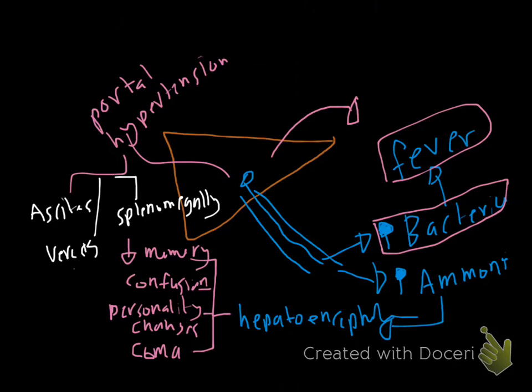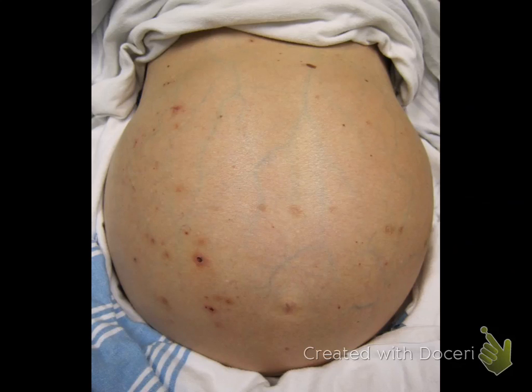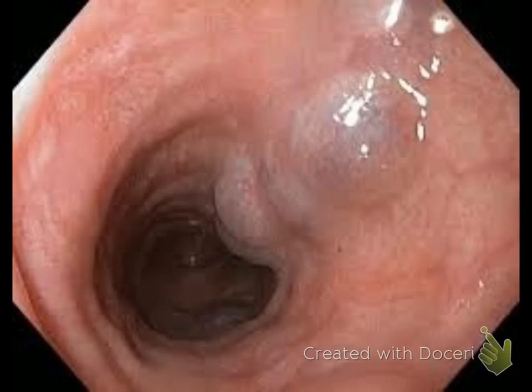Okay, just to show you, this is ascites due to portal hypertension. And this is esophageal varices.